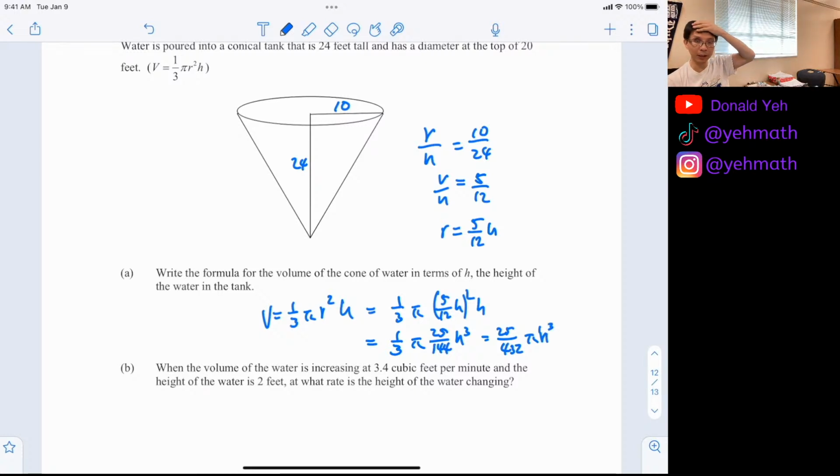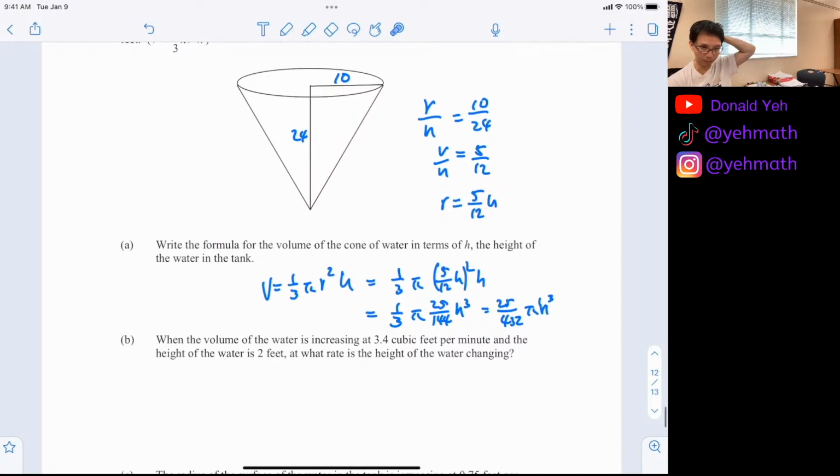So that's using a relationship and also using similar triangles. And this is the one that is on the SAT, they deal with similar triangles. So you can create this relationship, and this relationship is always going to hold true. You have to make sure you know how to do everything.